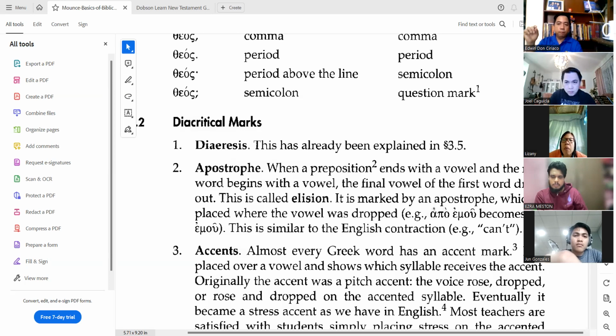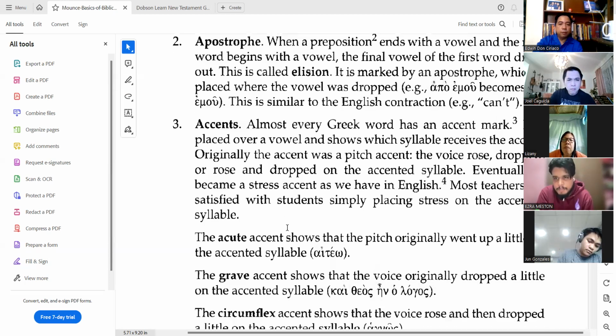So again, if you can see an apostrophe, and likely as you get to know more about Greek, you familiarize yourselves with the words in Greek, you could not only guess, once you get familiar, you would know what letter or what vowel dropped off from this elision that took place.